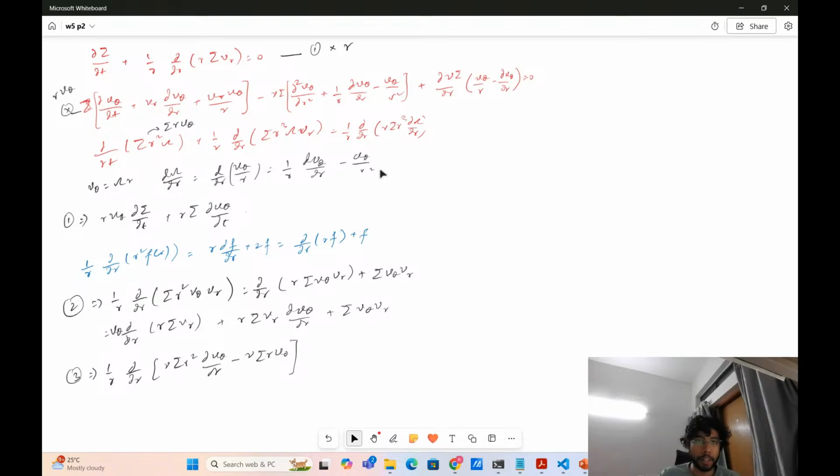If you just put d omega dr as this value, you will get this expression. And we can simplify this again using this identity: ∂/∂r of μ σ r ∂v theta/∂r minus v theta.